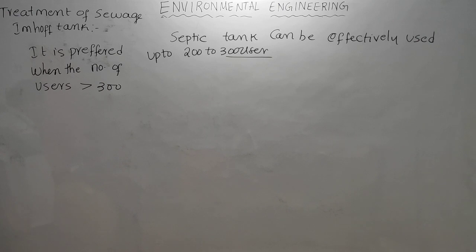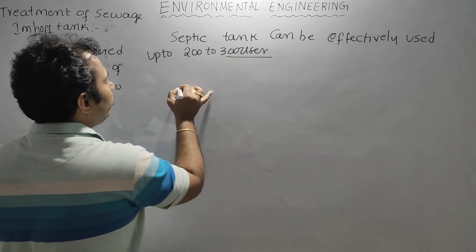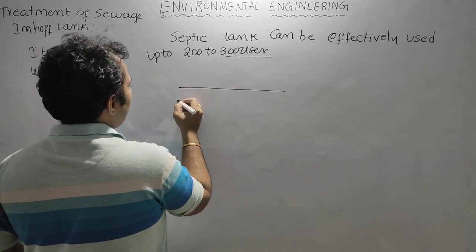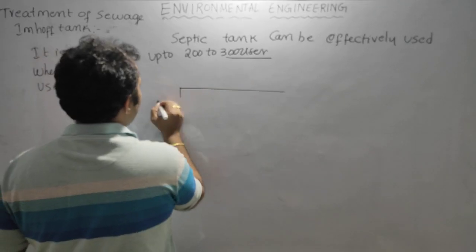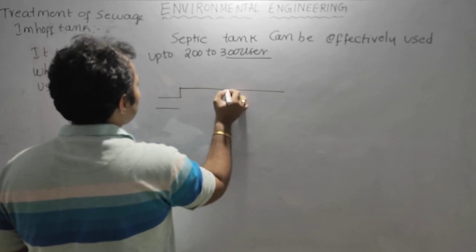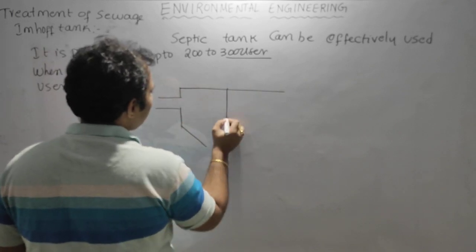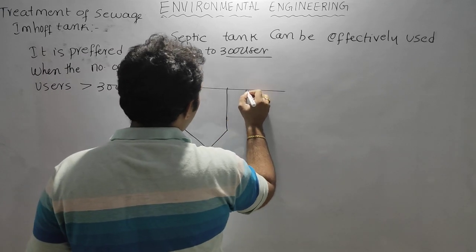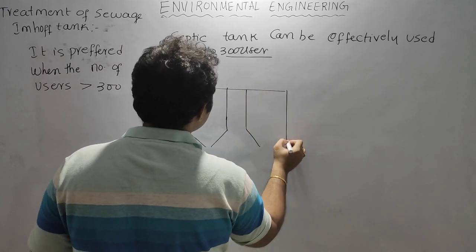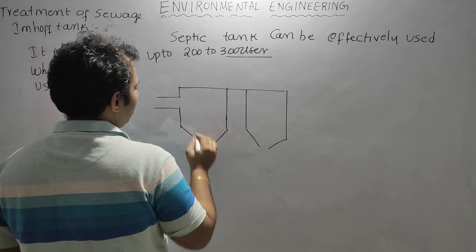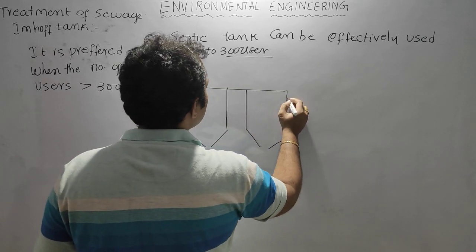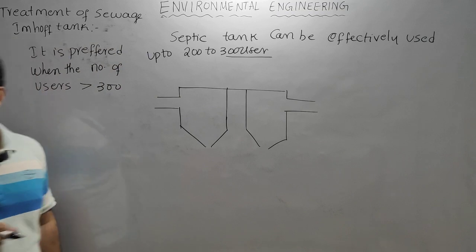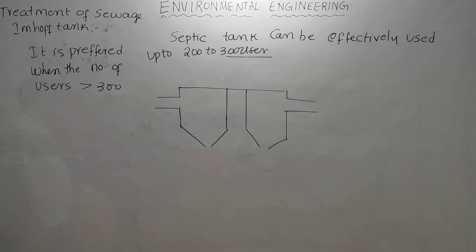The Imhoff tank will look like this. This is a schematic view of the Imhoff tank. If there is any inflow coming into the Imhoff tank, it will directly go into a sedimentation tank. This is a sedimentation tank, and there will be another sedimentation tank like this. The influent entering here goes into the sedimentation tank, and there the sedimentation will happen.